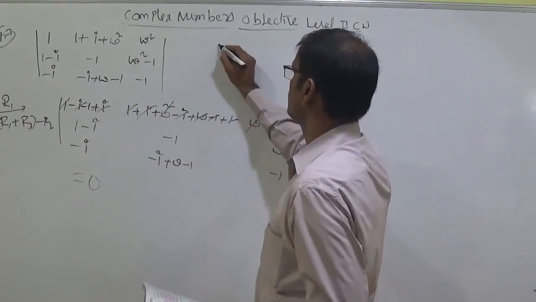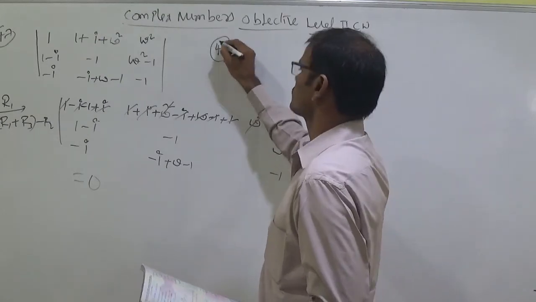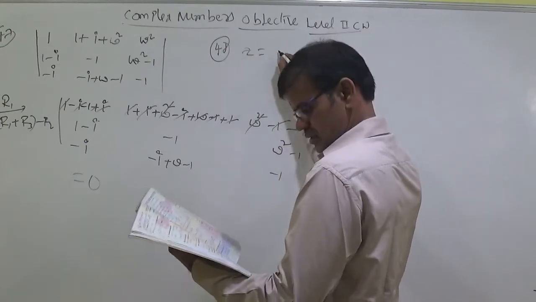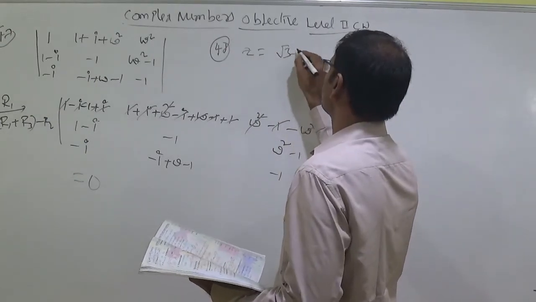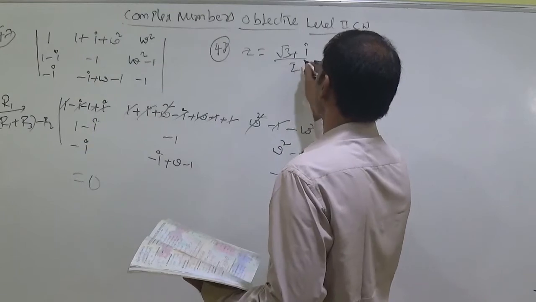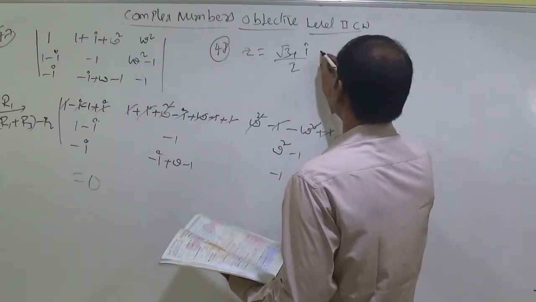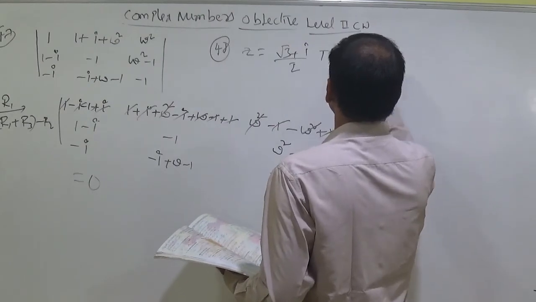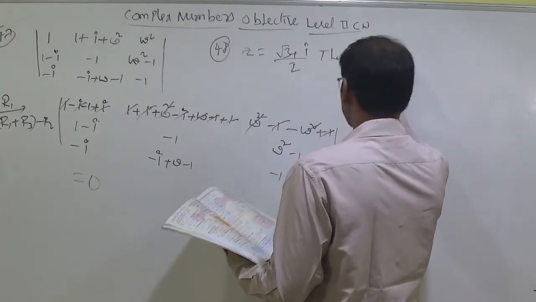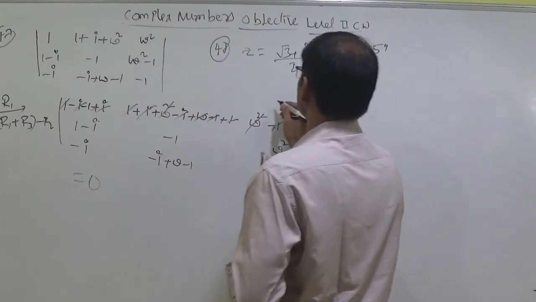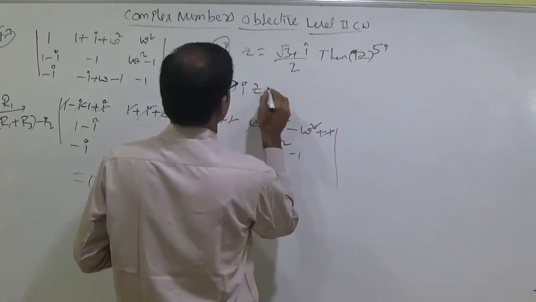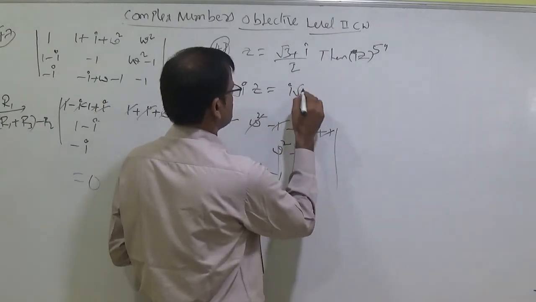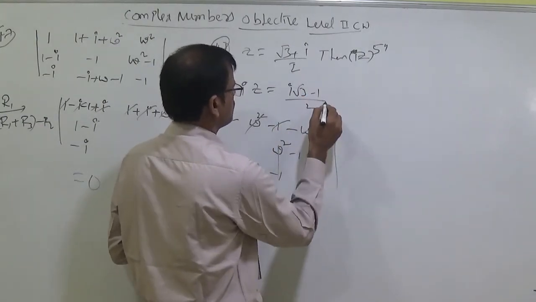Now the 48th question. Given z is equal to root 3 plus i whole by 2, what is the value of iz whole power 59? Multiply simply here: iz becomes i root 3 minus 1 by 2.